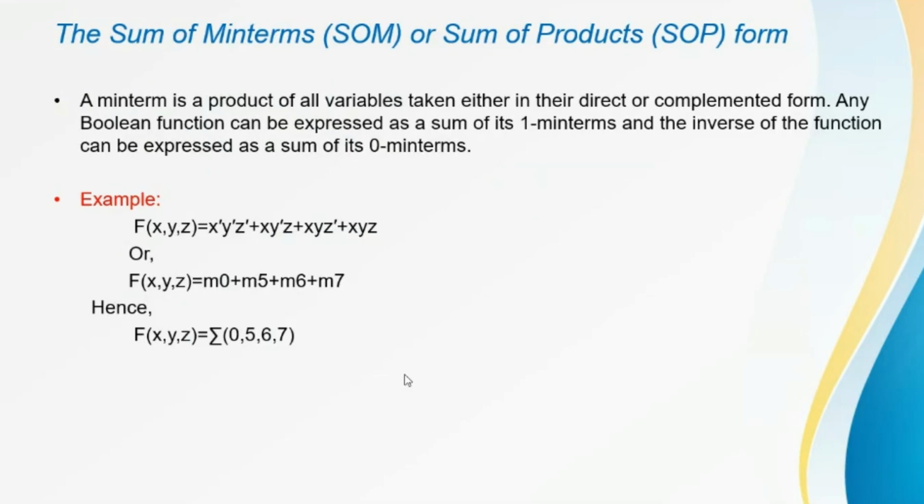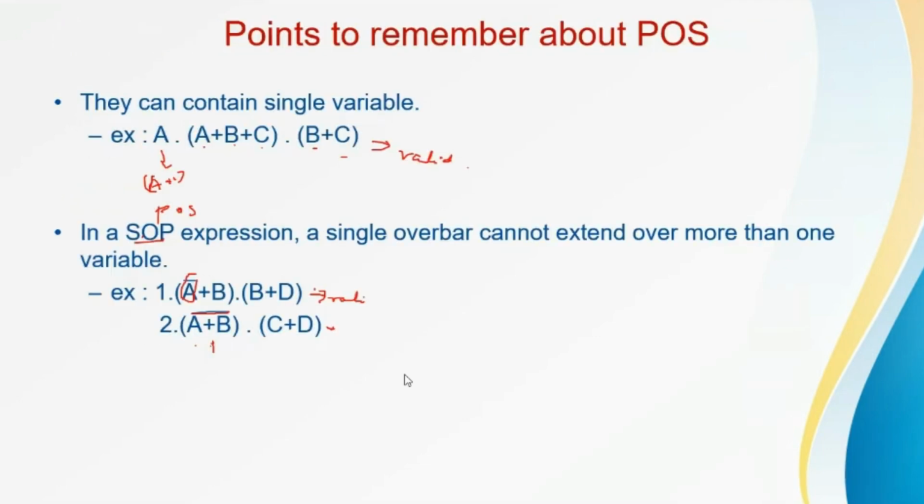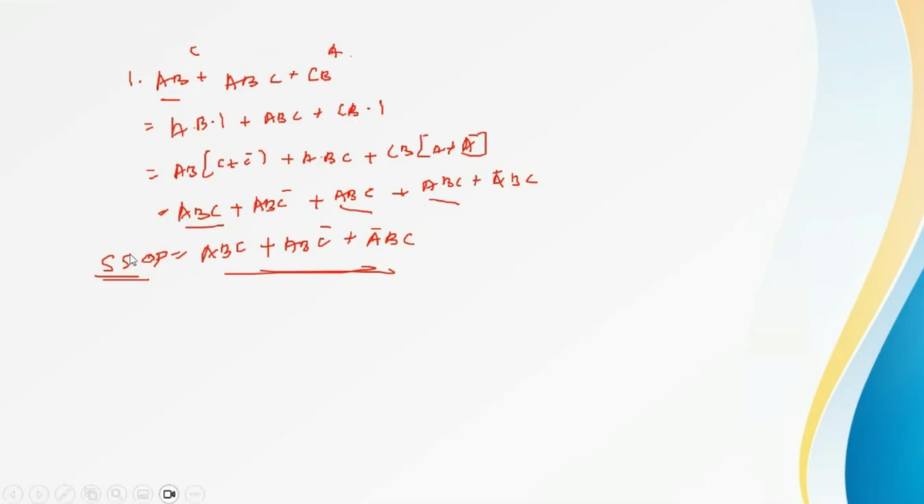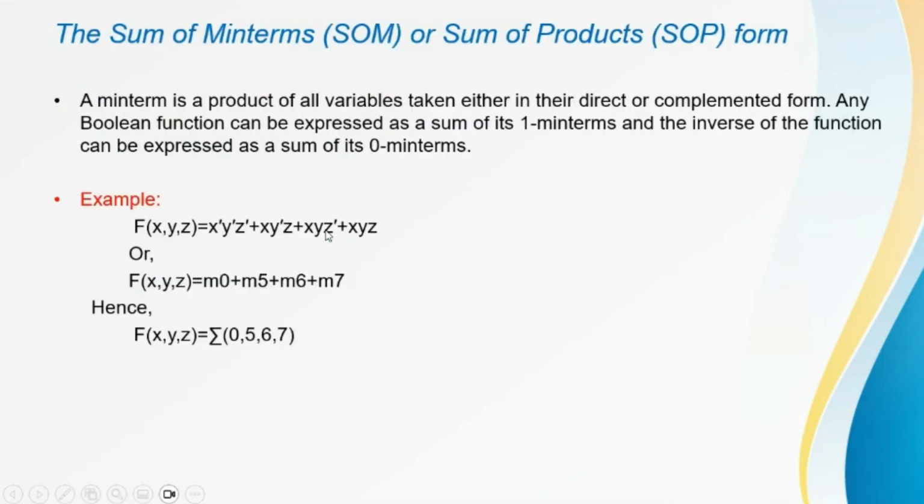So in SOP, the min term is a product of all the variables taken either in the direct or complemented form. So here we saw, right? We can take them directly as A, B, C, or we can take the complement also. Any Boolean function can be expressed as a sum of its 1 min terms. Whenever we are taking the SOPs, we have to take with respect to the 1.